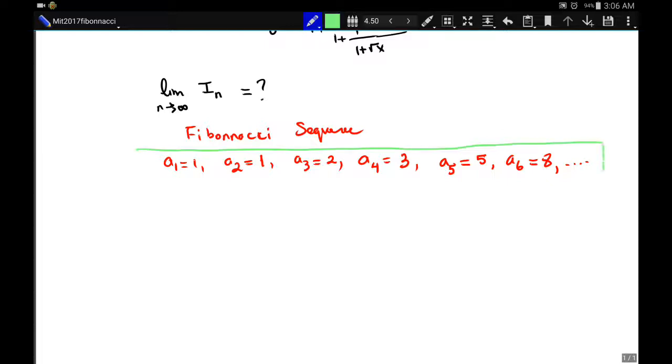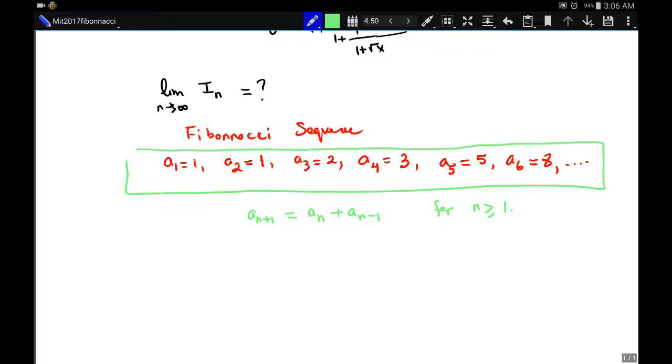So we know that this is the sequence defined that way. One of the most important properties is that a(n+1) is equal to a(n) plus a(n-1) for n greater than or equal to 1. You can prove that the limit of the ratio, as n goes to infinity, of a(n+1) over a(n) turns out to be (1 plus square root 5) divided by 2.